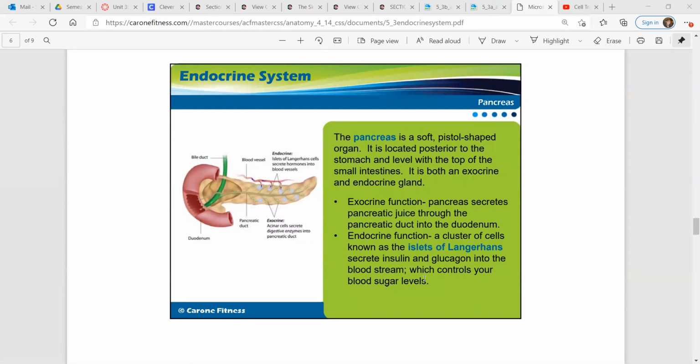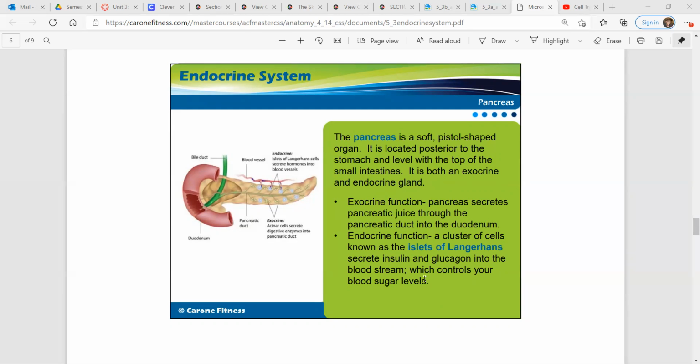Then we have the pancreas. It's a soft, almost pistol-like shaped organ, and it's located posterior to the stomach and level with the top of the small intestines. It's both an exocrine and endocrine gland. In the exocrine function, the pancreas secretes pancreatic juice through the pancreatic duct into the duodenum.